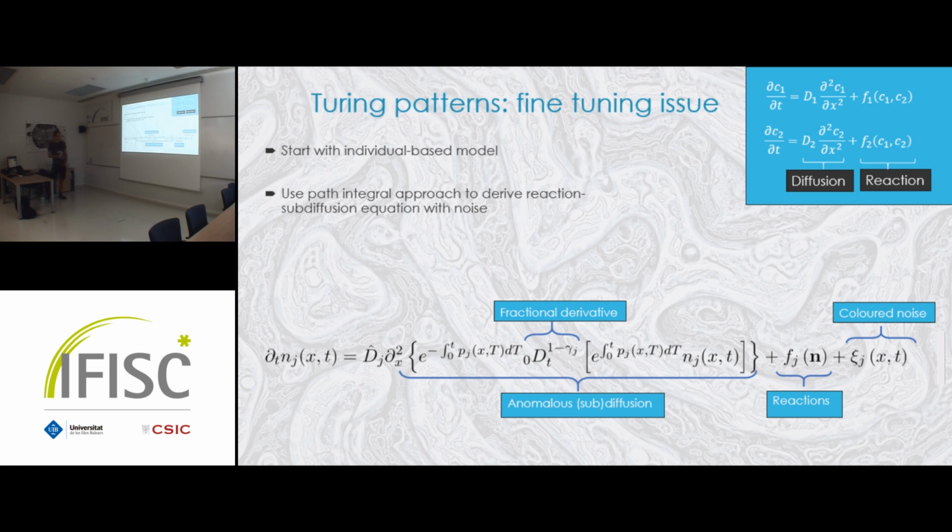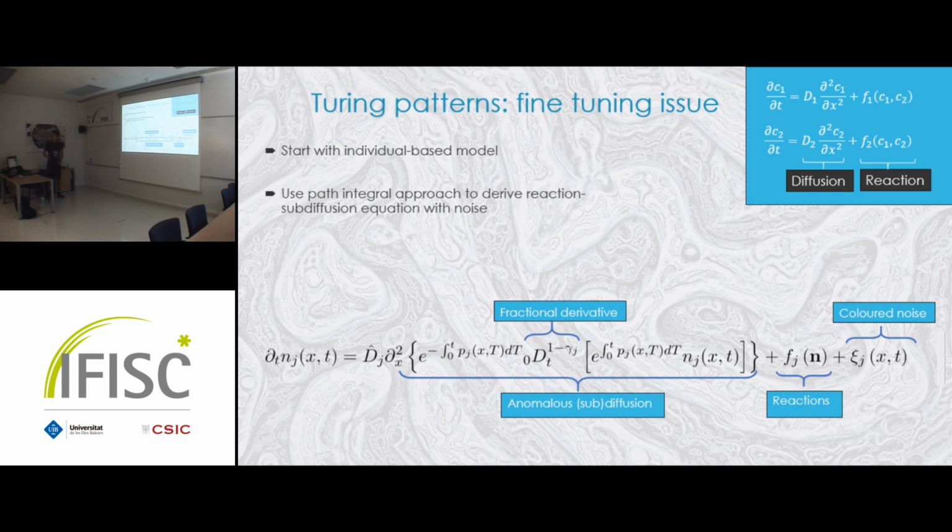We also have the reaction terms, which are very similar. But now, crucially, we have the inclusion of this coloured noise term. This is reflecting the individual-based nature of the interactions, a kind of approximation for large numbers of particles again. And this is a coloured noise term, so the noise now is dependent upon the noise in the past, and this is also reflecting the non-Markovian nature of the dynamics.